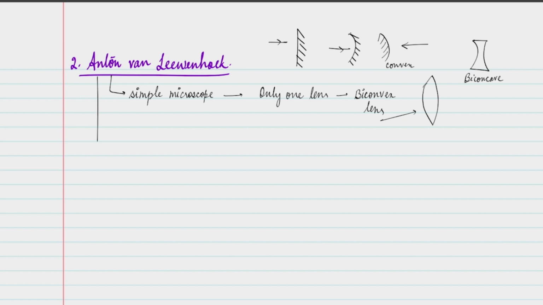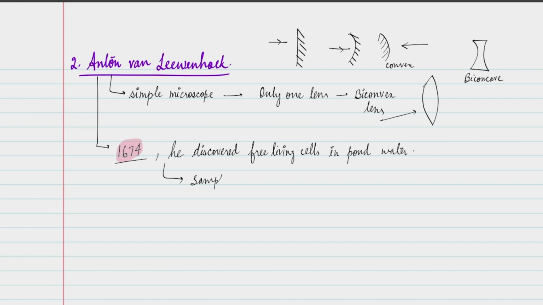So Anton von Leeuwenhoek in the year 1674, remember the year 1674, discovered free living cells in pond water. He also used other samples. What type of samples did he use?